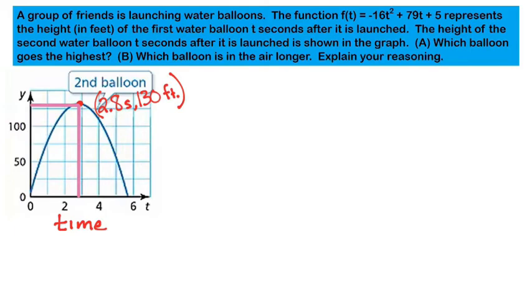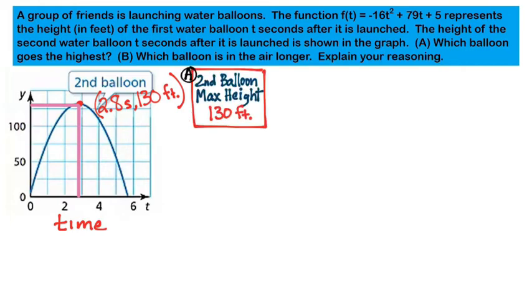And then on the y-axis, every square counts as 25 feet. So it looks like our water balloon goes a little bit higher than 125 feet. So I'm estimating that the maximum height of the water balloon will be 130 feet. So for part A, the second balloon will have a maximum height of 130 feet.